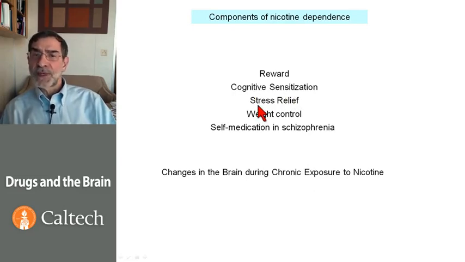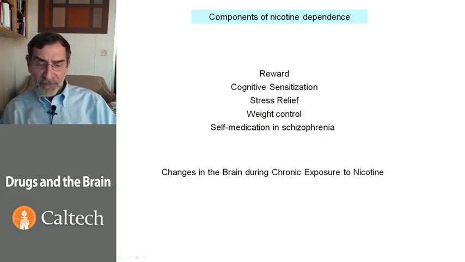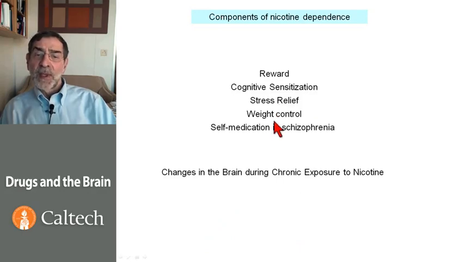Some people smoke for stress relief. Some people smoke because they are fairly sure that if they stop smoking, they're going to gain 10 to 15 pounds in the first year. And some people smoke, get nicotine in order to self-medicate.